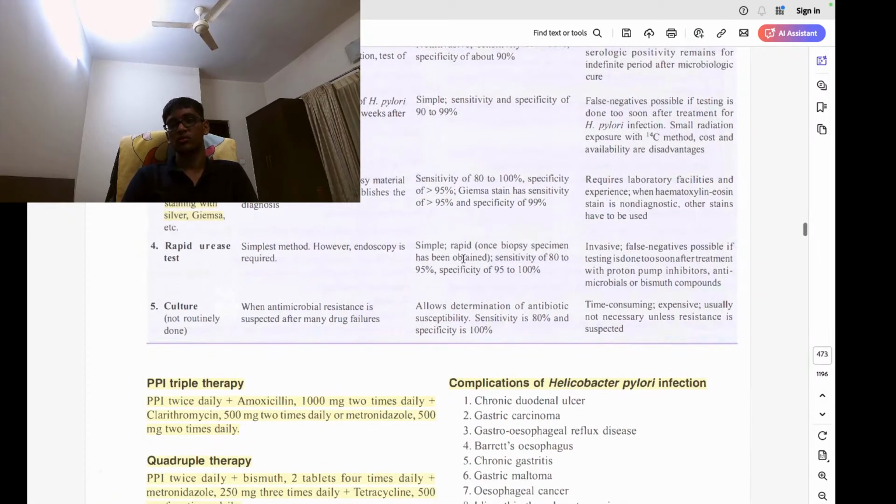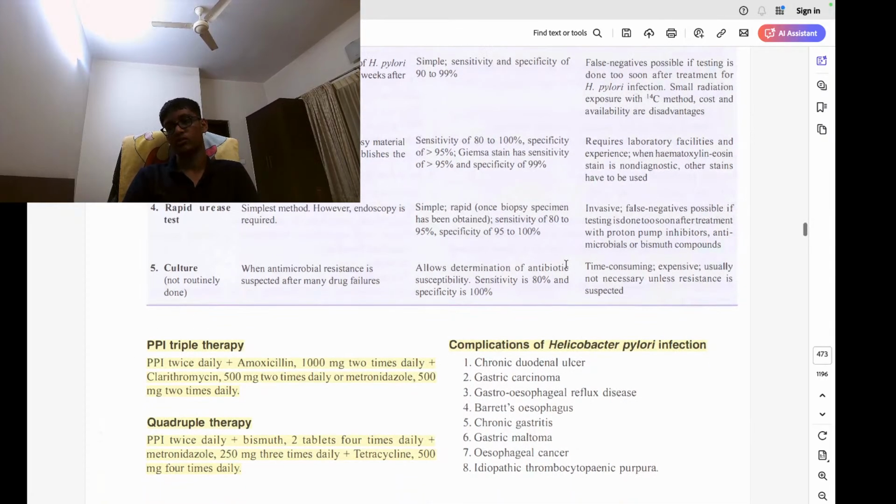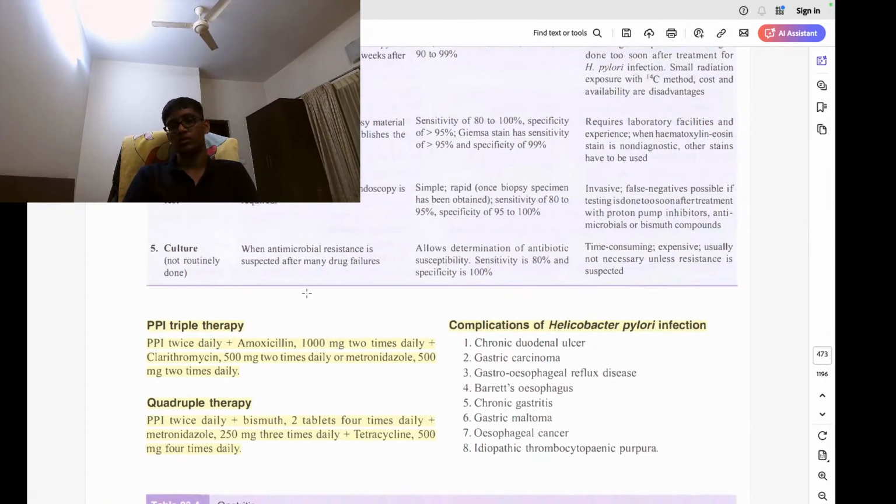Silver stain is better. Rapid urease test is the simplest. Endoscopy is required. Rapid, sensitivity 80 to 85%, specificity is also high. Invasive. False negative possible if testing is done too soon after treatment. Culture is not routinely done; it allows determination of antibiotic susceptibility.